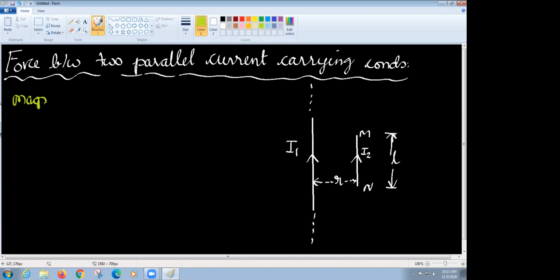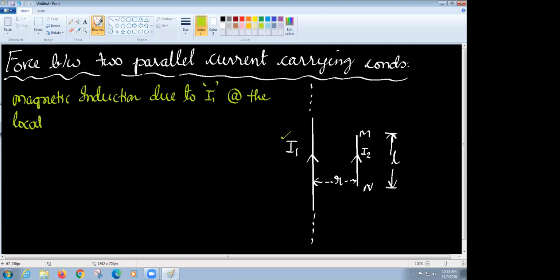So let me write the magnetic induction due to I1 at the location of the conductor Mn. Anyone, what do you get now?